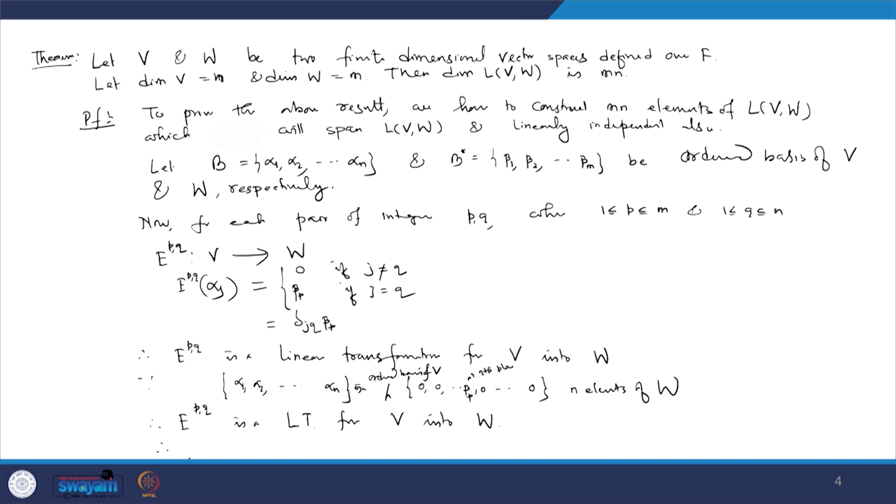So, this is true for any ordered pair pq when 1 less than or equal to p less than or equal to m and 1 less than or equal to q less than or equal to n. So, there are mn functions of the form E_pq from V into W, and each is a linear transformation.